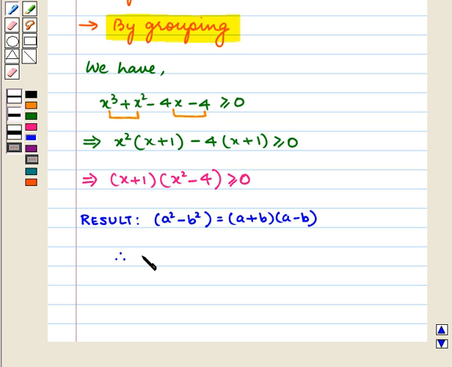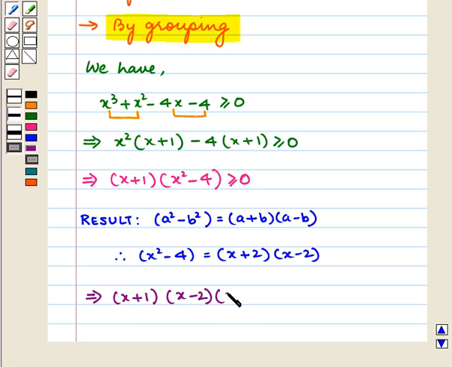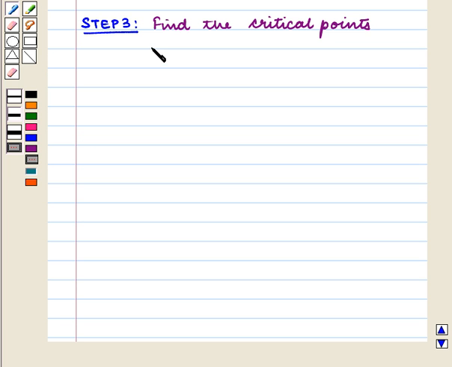Therefore, x square minus 4 will be equal to x plus 2 into x minus 2. So x plus 1 into x square minus 4 greater than or equal to 0 will now become x plus 1 into x minus 2 into x plus 2 greater than or equal to 0. So now the inequality has been factorized, and our next step is to find the critical points.